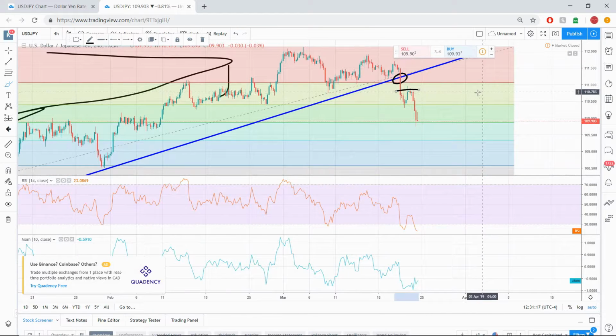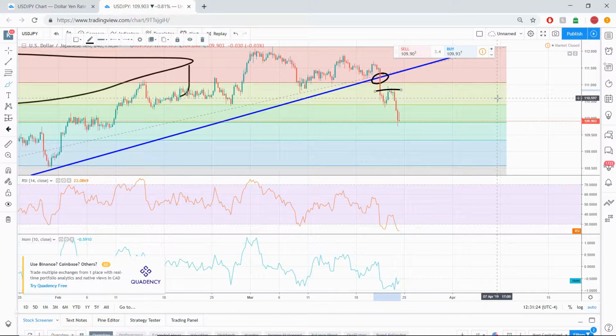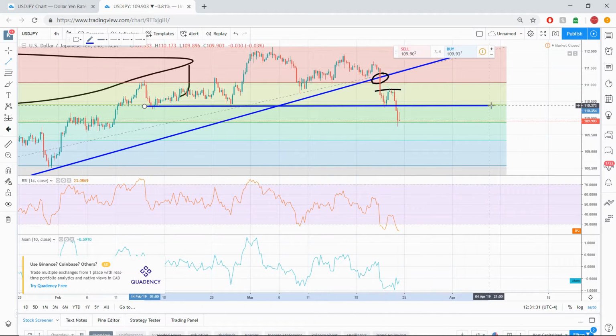So if you're trying to trade the 4-hour or the 1-hour charts, you're looking for an intraday trade or a short-term trade, what I would suggest is you have this trend line here, support and resistance right here.